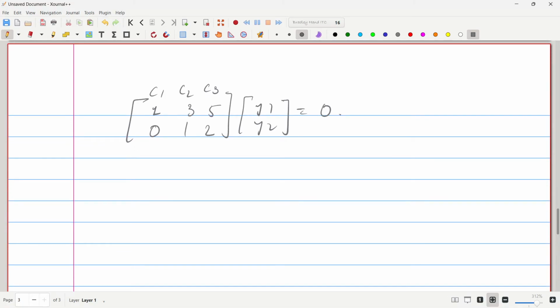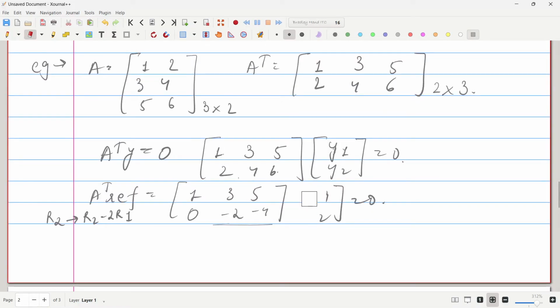We'll get two equations, right? Sorry for the mistake, this will be y1, y2, y3.